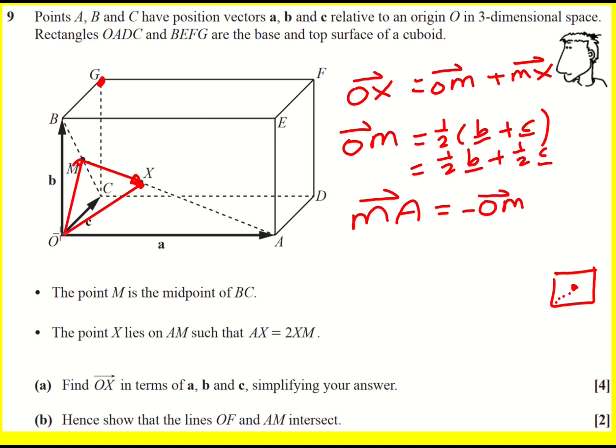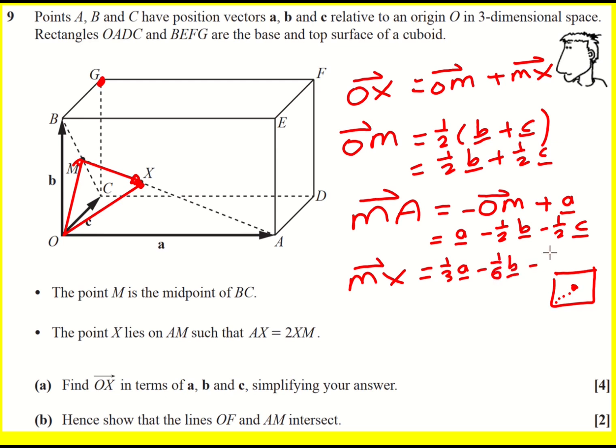I'm going M to O, and then from O to A. So I'm going to be adding A. Therefore, it will be A minus a half B minus a half C. That's going to be MA, which means that MX, because we're told that AX is twice XM, I need to go a third of the way. So it's going to be a third A minus a sixth B minus a sixth C.